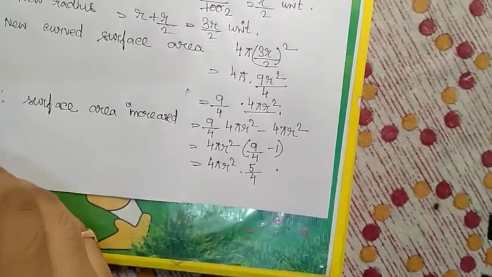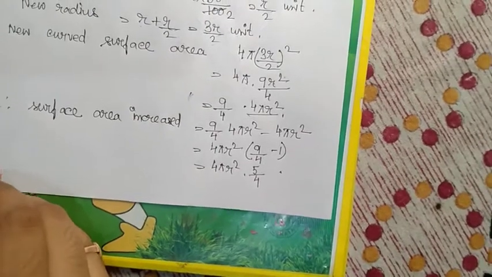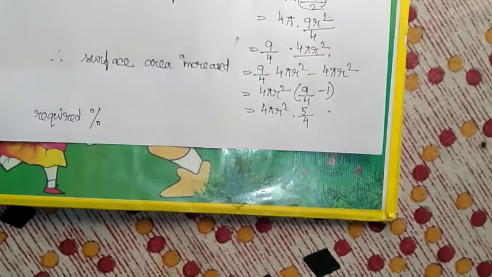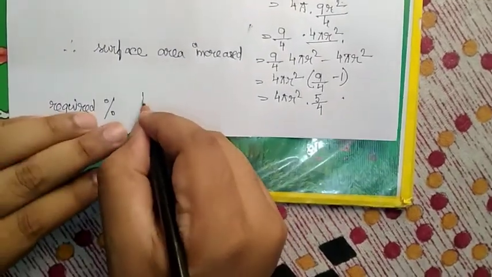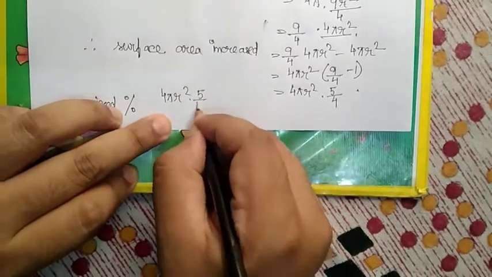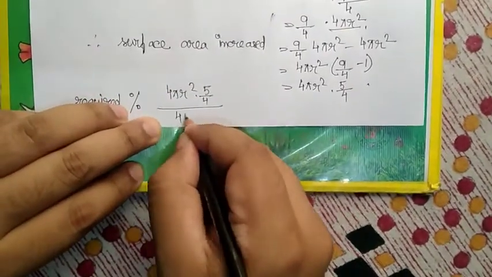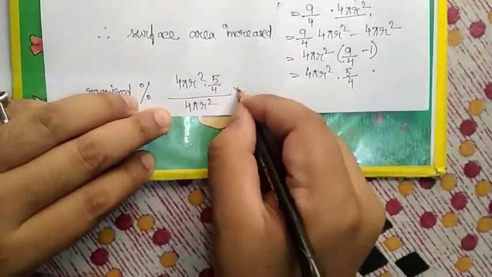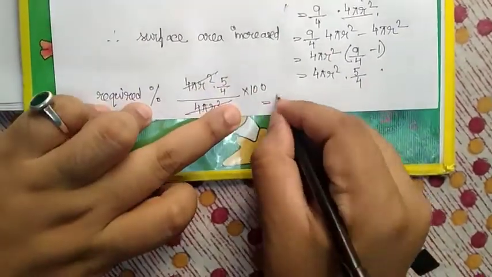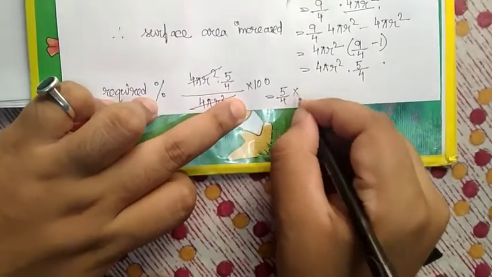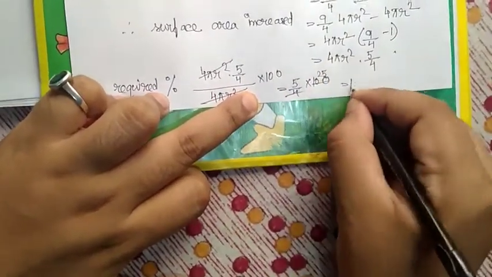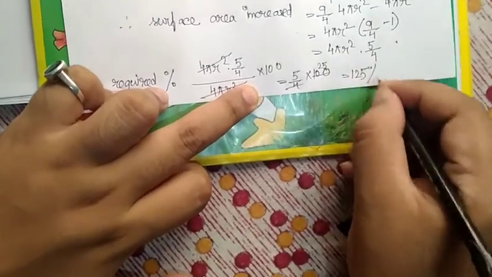So required percentage is 4 pi r square into 5 by 4 by 4 pi r square into 100. Eliminate those, we get 5 by 4 into 100 equal to 125%.